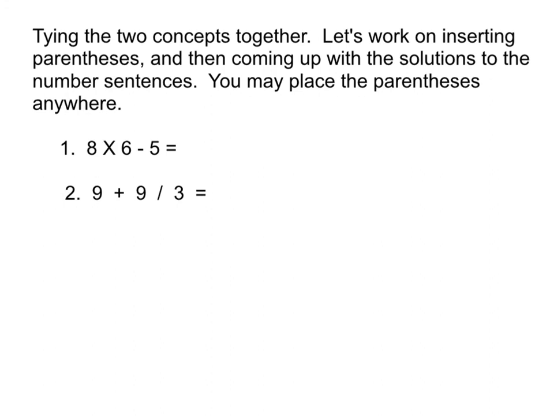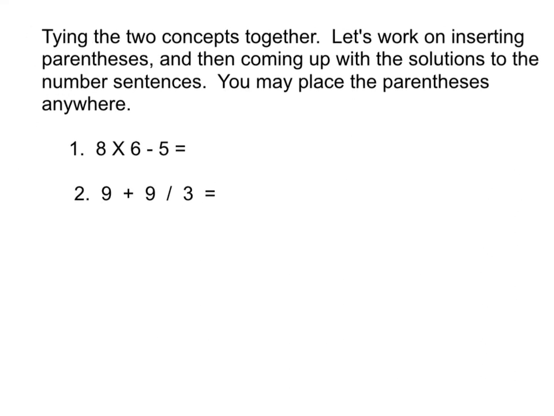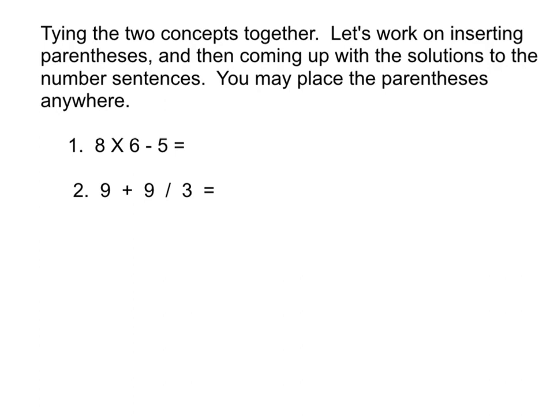Well, let's go over our answers and see how you did. Obviously, in both problems, there's only two different places where you can put the parentheses. In number 1, if you go 8 times 6, that'll give you 48. 48 minus 5 is 43.